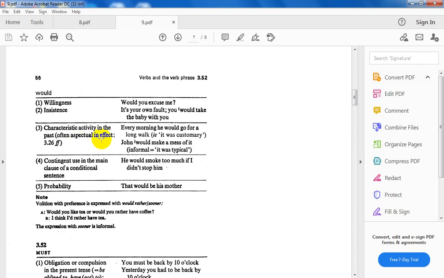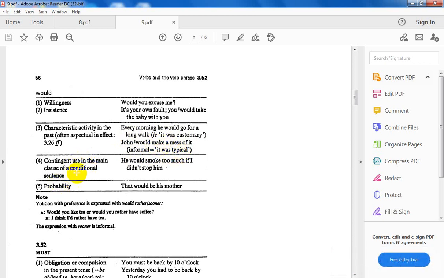Every morning he would go for a long walk. It was customary, something characteristic. John would make a mess of it. This is informal; it is typical for John to make a mess.